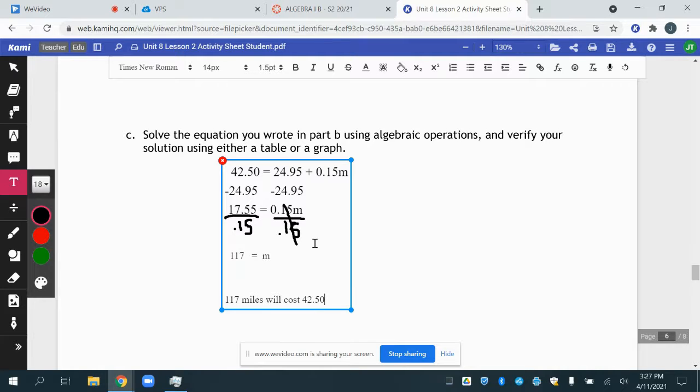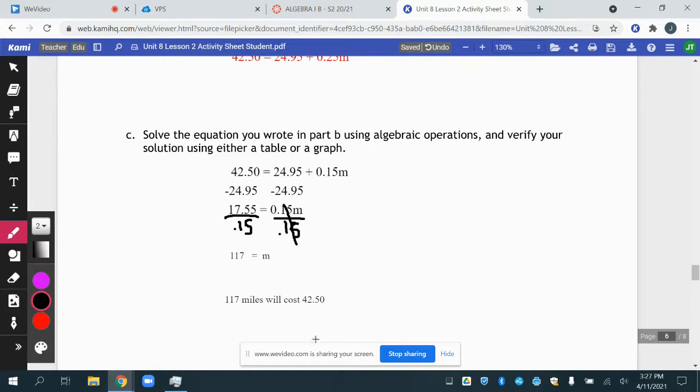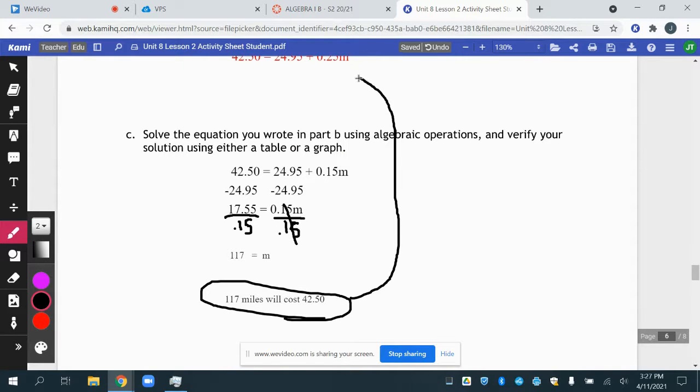Okay. How could I check this? Well, I would just have to plug it into the original. I plug it into the original up here.